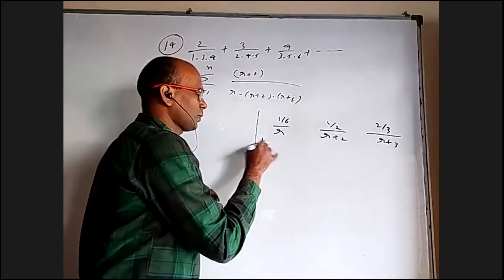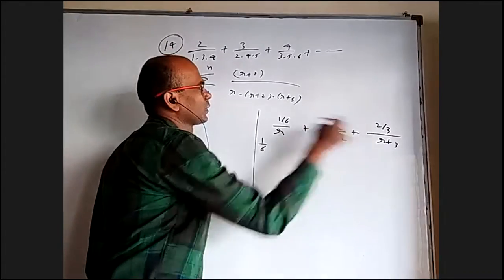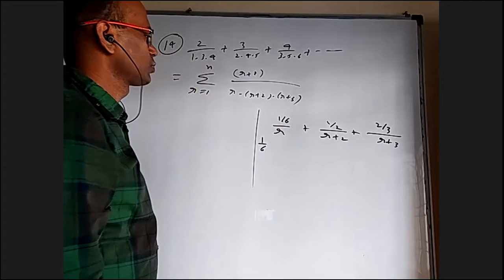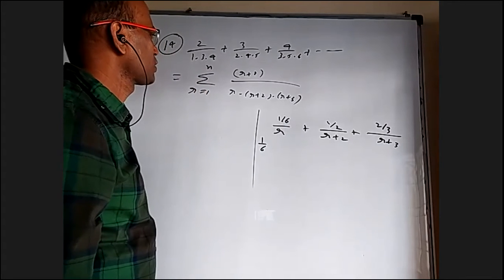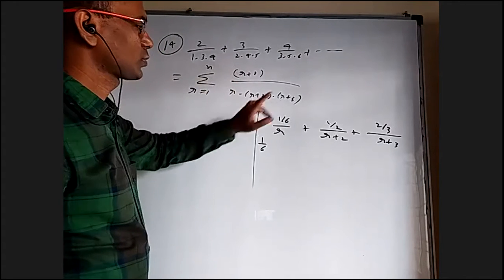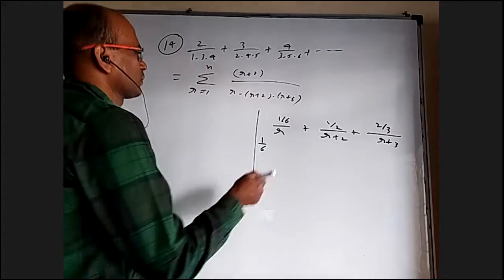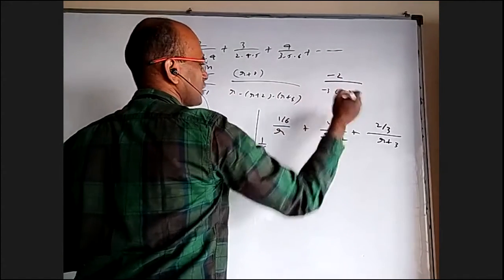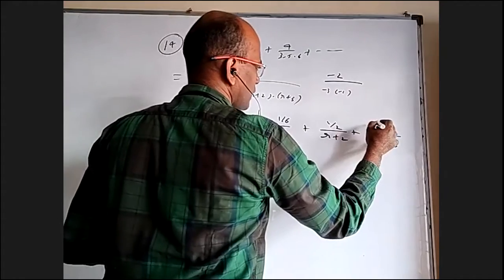So if I take 1 by 6 common, everything is positive only, right? Nothing negative. I put r equal to 0, positive. r equal to minus 2, negative here, positive, so positive. When I put r equal to minus 3, minus 2, this is minus 3, this is minus 1, it is negative. So minus 2 by 3.